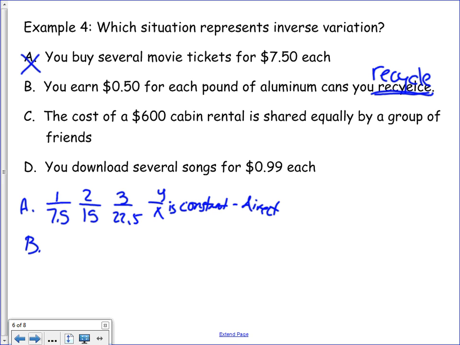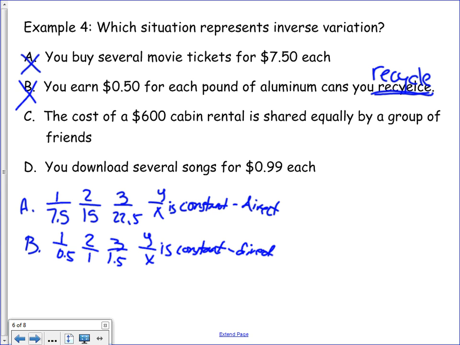So 50 cents for each pound. If we have 1 pound, 50 cents; 2 pounds, $1; 3 pounds, $1.50. In either case, if we take y divided by x, we're going to get 50 cents. So since y divided by x is constant, that's also direct variation, not inverse.